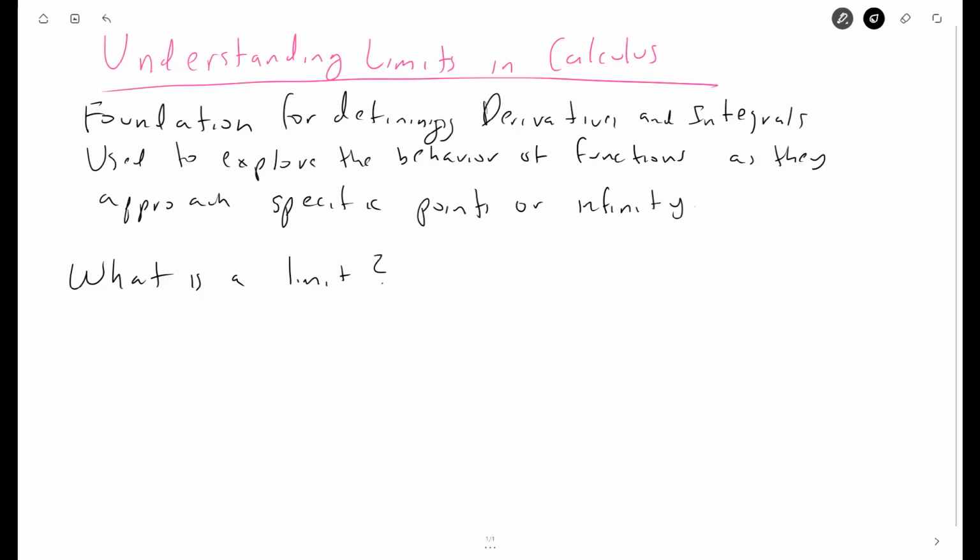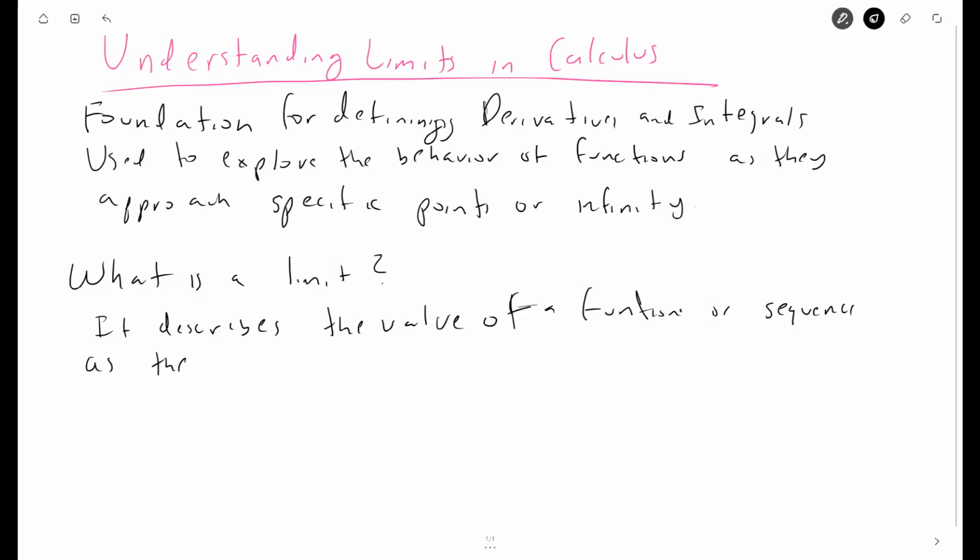So it describes the value of a function or sequence as the input x approaches some value.